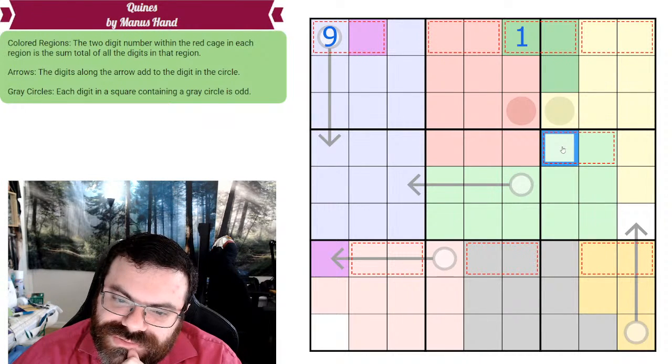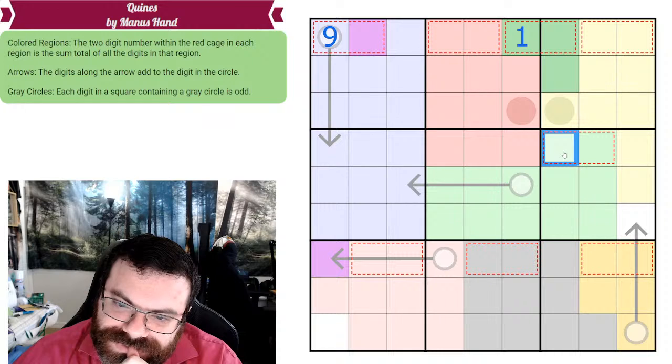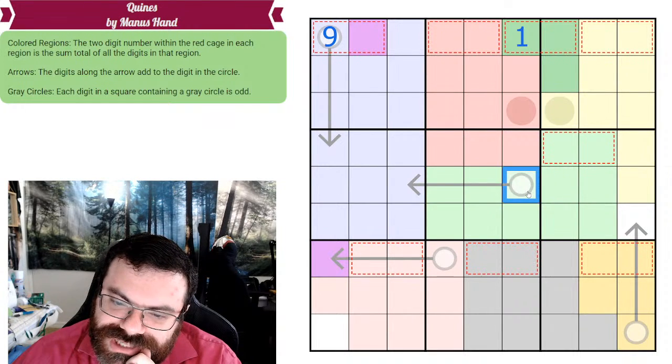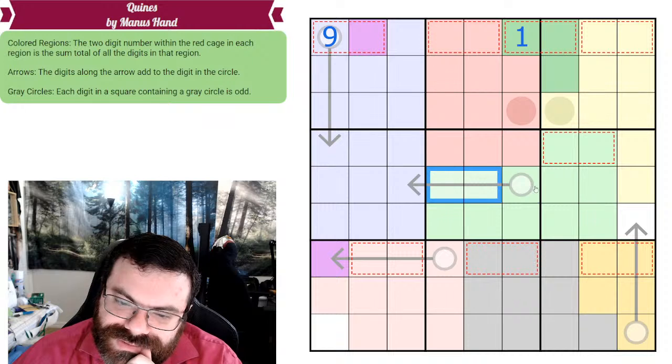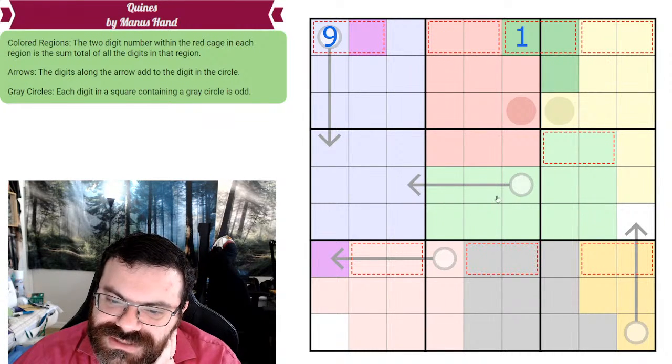So this is at least a 3. But these two plus this one add to the circle, so I suppose that could still be done. This could be, well, no, this would be 6 minimum, so 35 is the minimum, I guess. That's not that helpful, though, because it could be maxed out, too.